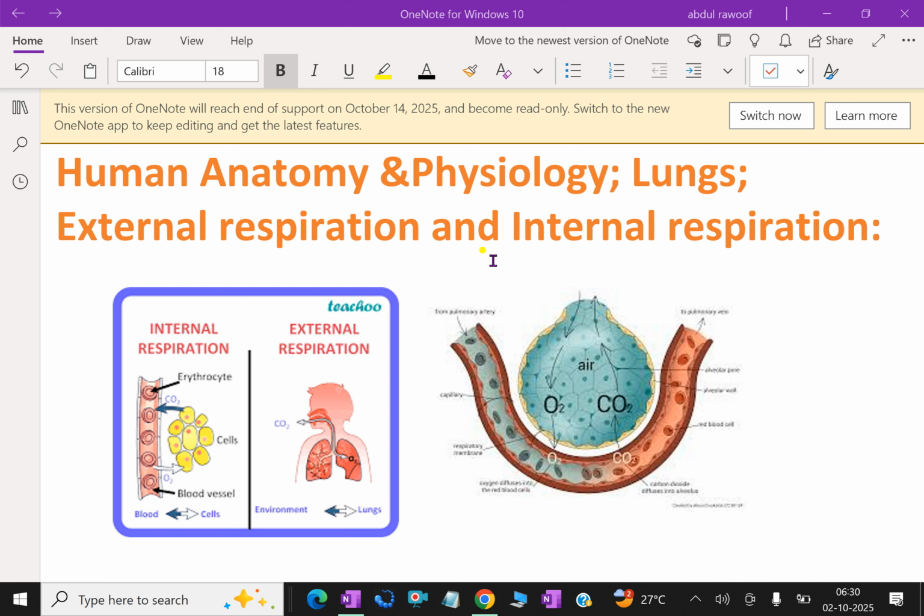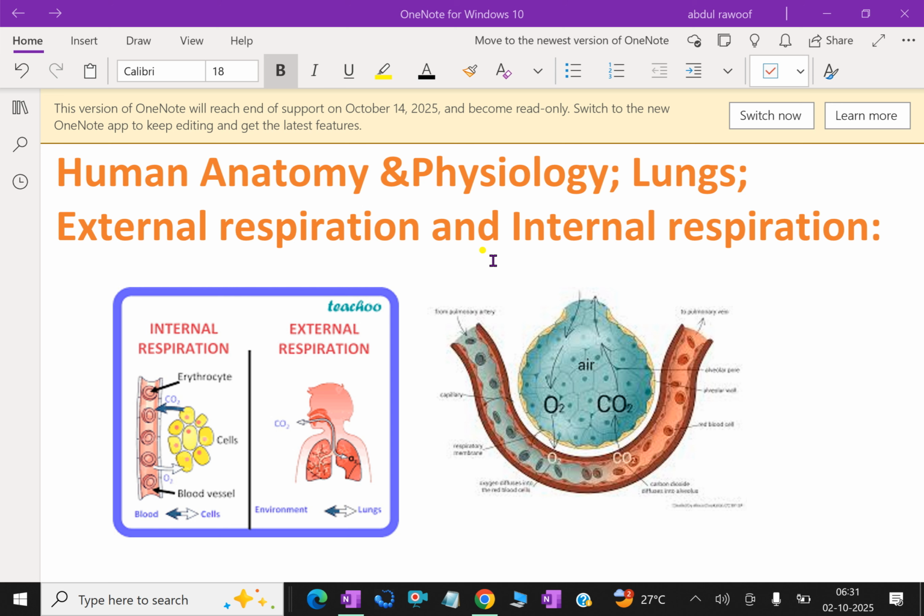By the same process, oxygen diffuses from the alveoli into the blood. The relatively slow flow of blood through the capillaries increases the time available for gas exchange to occur. When blood leaves the alveolar capillaries, the oxygen and carbon dioxide concentrations are in equilibrium with those of alveolar air.